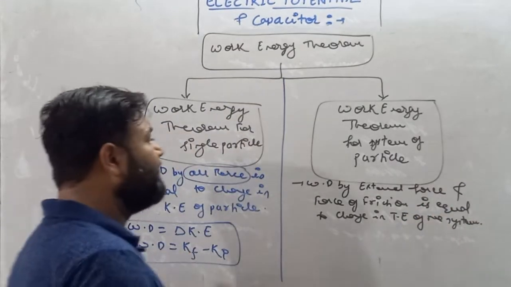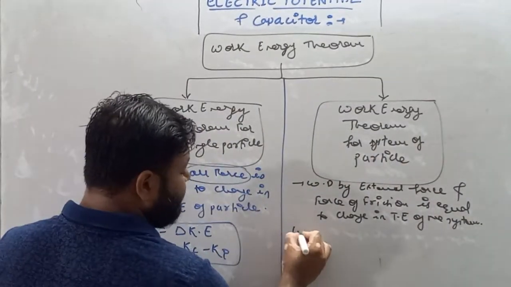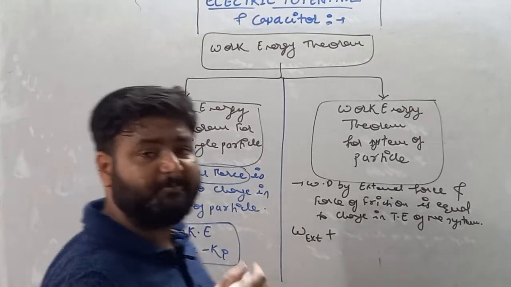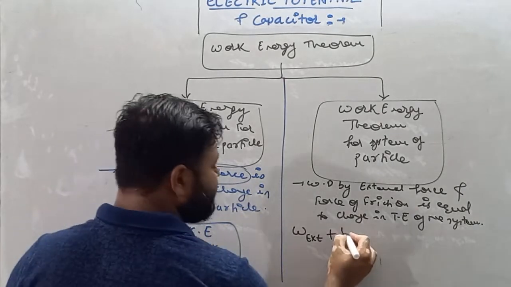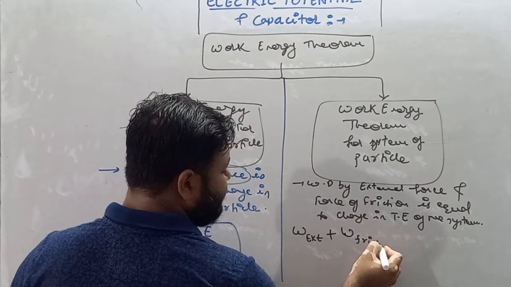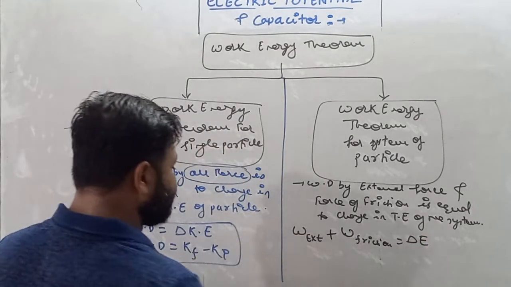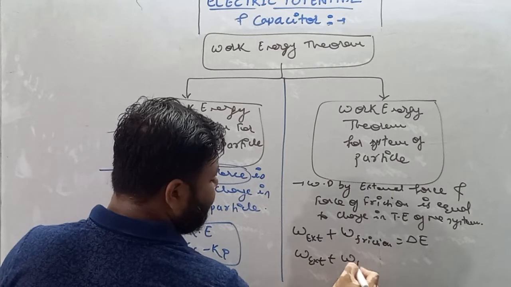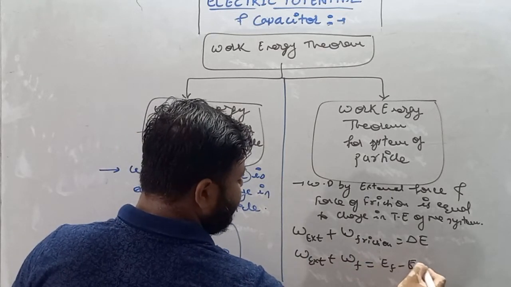Basically, the work energy theorem for system of particles says work done by external force, meaning push or pull, plus work done by friction is equal to change in total energy of the system. This can be written as E final minus E initial.